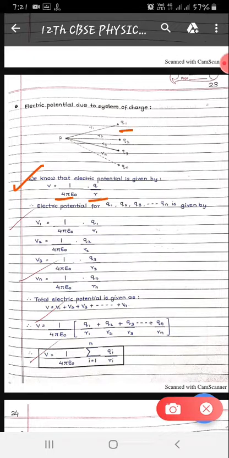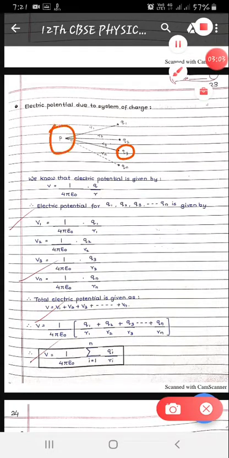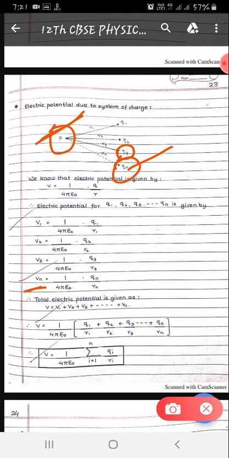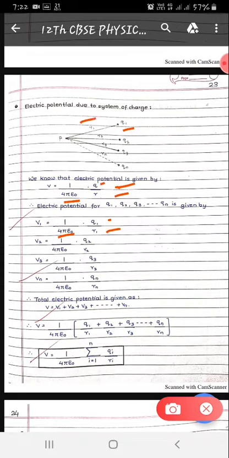Listen very carefully, my dear students: V1 is the electric potential due to Q1 at point P, V2 is the electric potential due to charge Q2 at point P, similarly V3 is due to charge Q3, and up to Vn, which is the electric potential due to the Qn charge at point P. So V1 is equal to 1 upon 4 pi epsilon naught Q1 upon R1.